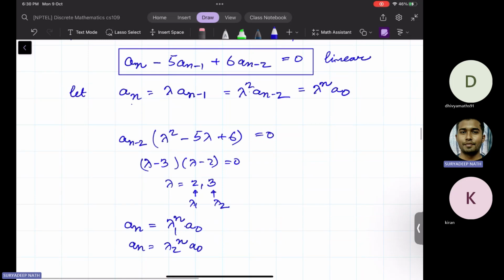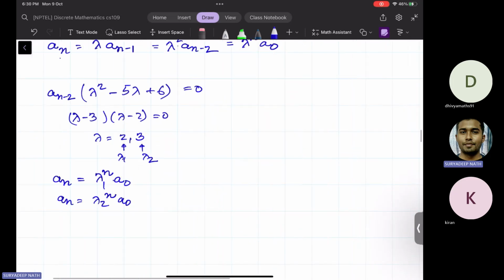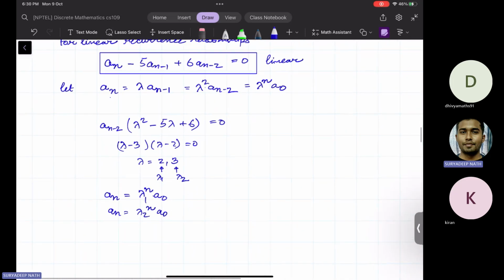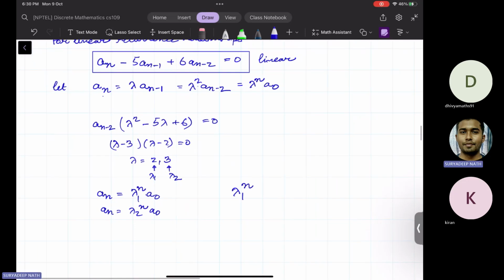Since this is a linear expression, I'll write it like this. What I mean is that lambda 1 to the power n a0 minus 5 lambda 1 to the power n minus 1 a0 plus 6 lambda 1 to the power n minus 2 a0 would be 0.